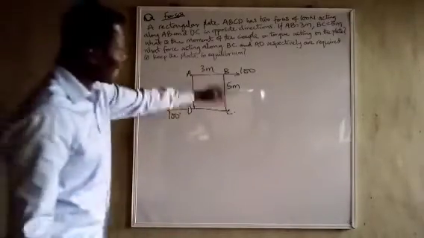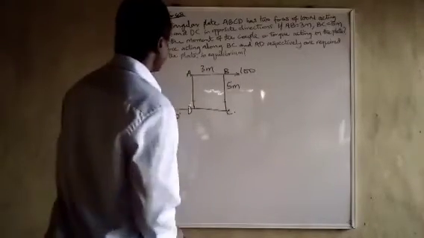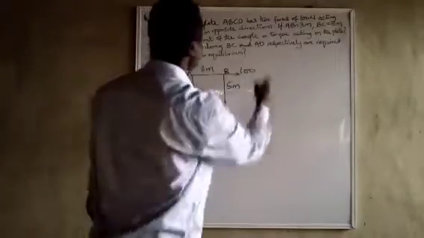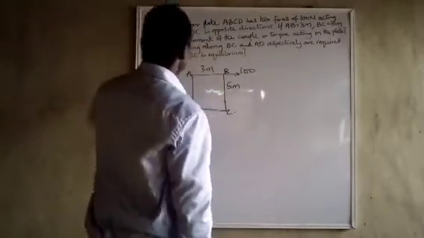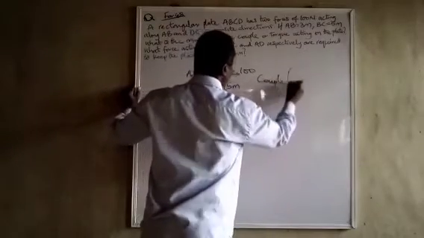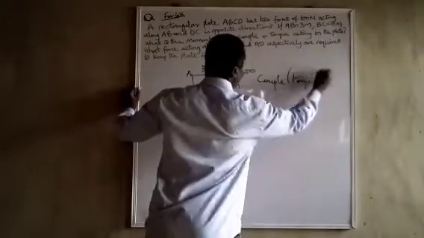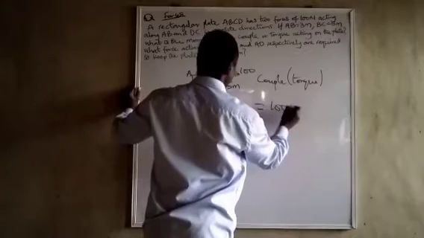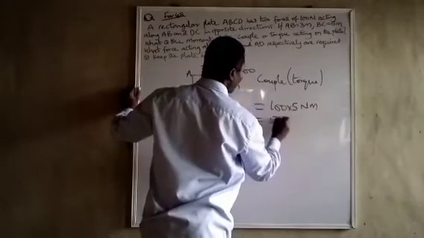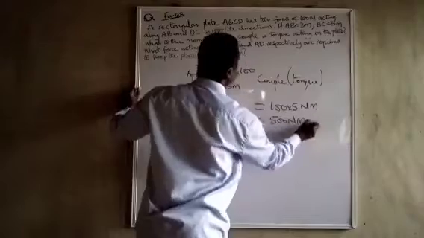For a couple, they act in opposite direction. Now, the distance between them is 5 meters. So the torque is going to be 100 times 5 Newton meter, which is going to be 500 Newton meter.